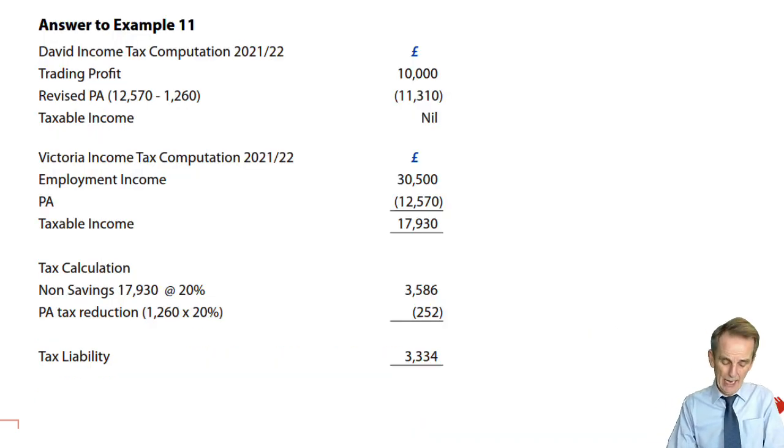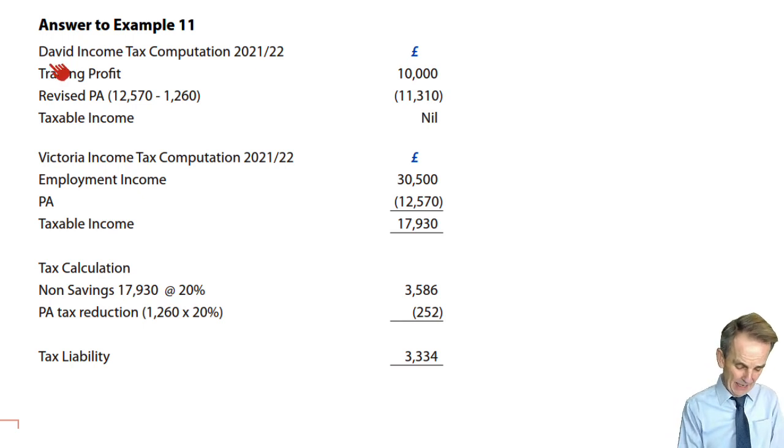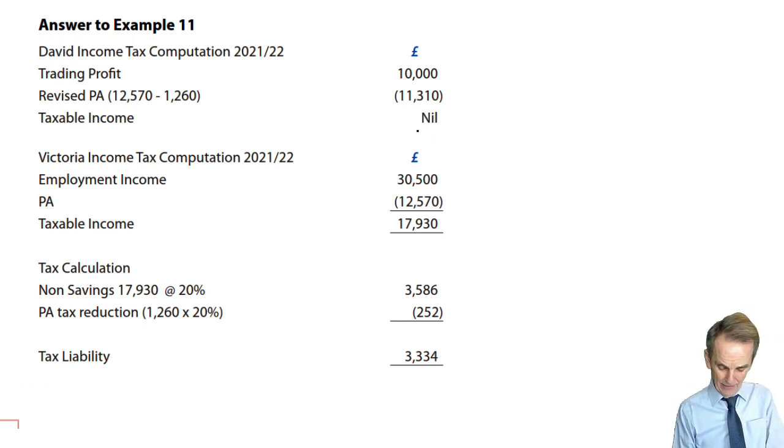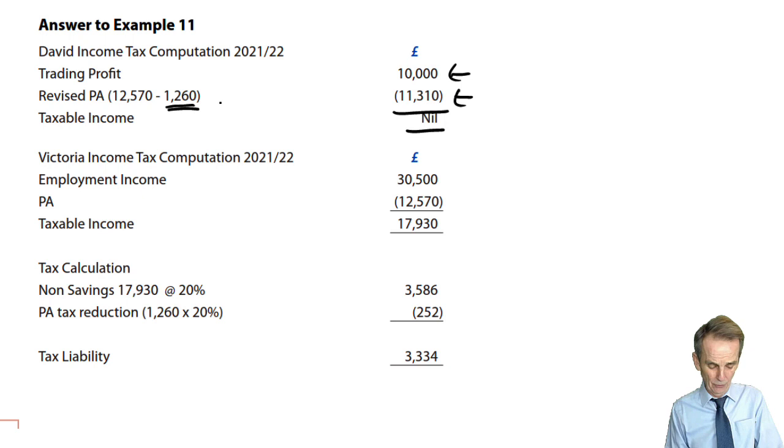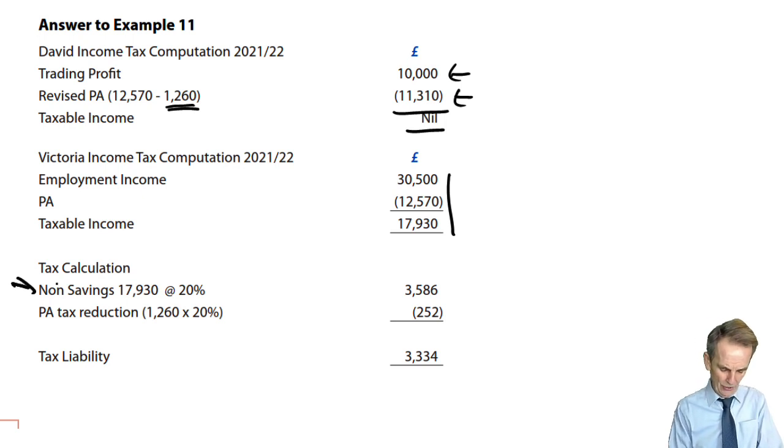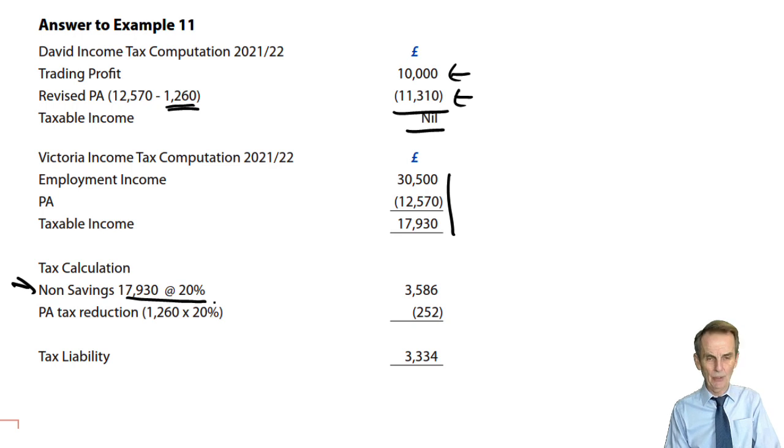Okay, well, hopefully no problems there with the answer to example 11. David, as we said here, is going to have nil taxable income, given that the trading income was 10,000. Notice the reduced personal allowance. We've got that transferable amount being transferred, reducing, therefore, David's own personal allowance. But again, with the level of income such that it is, there's still no taxable income. Routine computation to begin with, so far as Victoria is concerned: her employment income, her personal allowance, her taxable income, it all being non-savings, taxed at the basic rate of 20%.